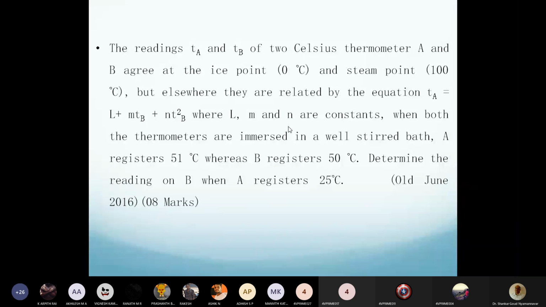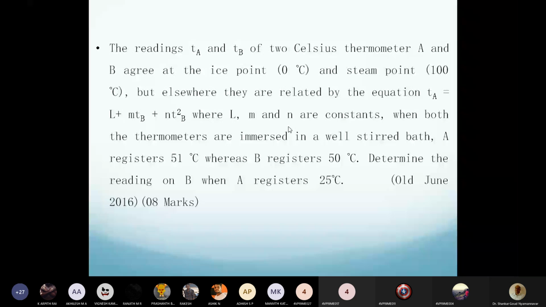M into TB is 100, M into 100 plus N into TB square, that means 100 square, correct? So divide this equation by 100 throughout. What will you get? 1 is equal to M plus 100N. That is one equation I got.